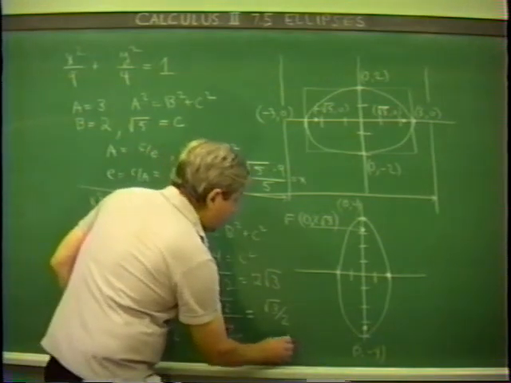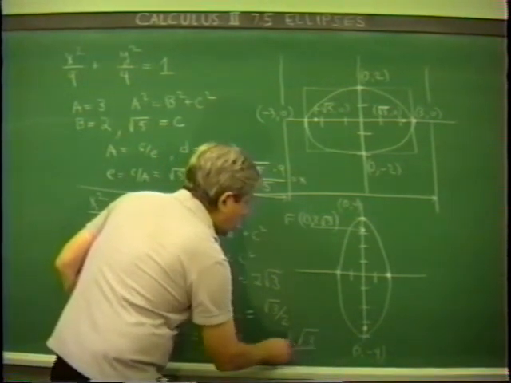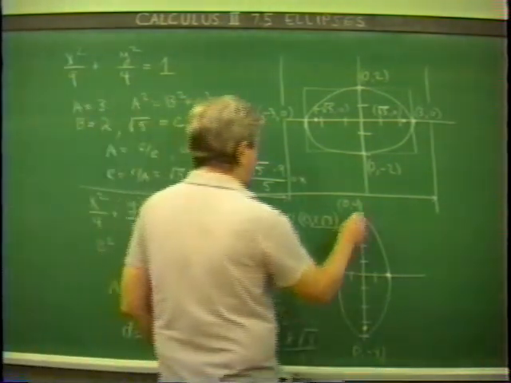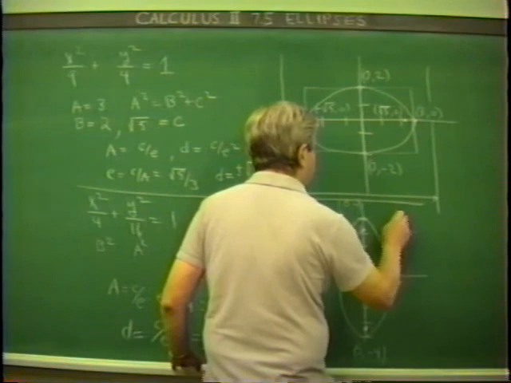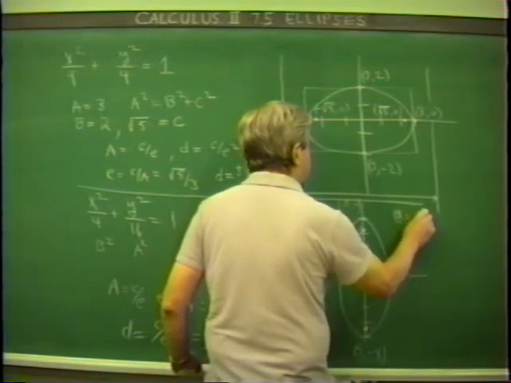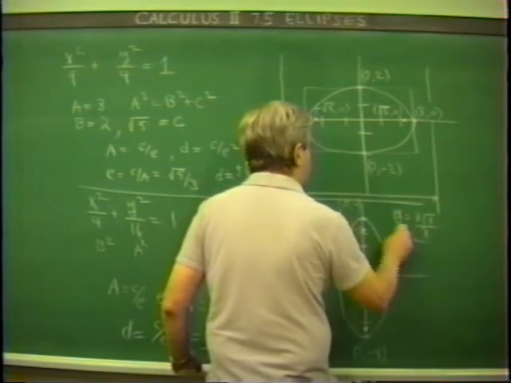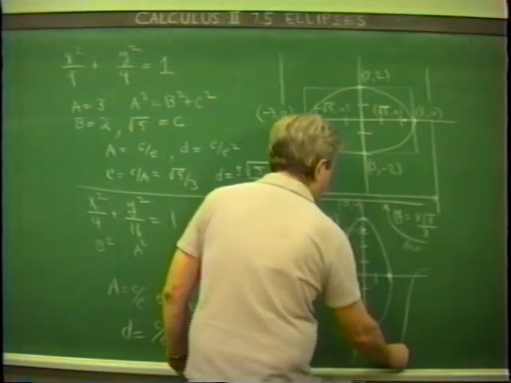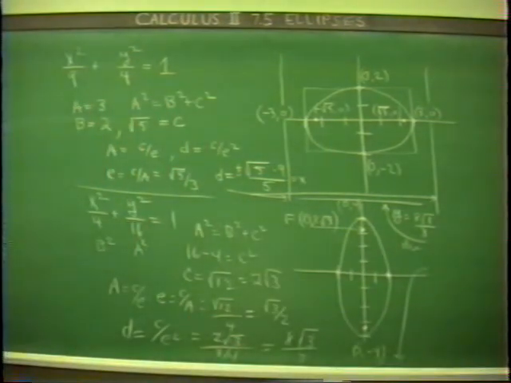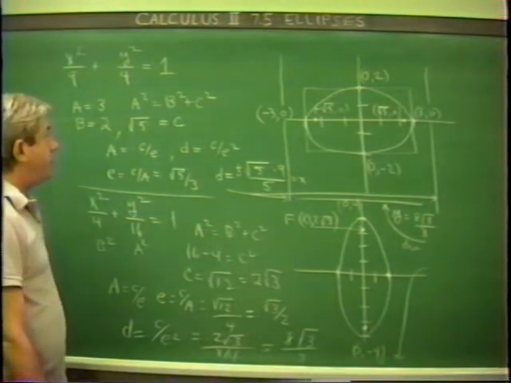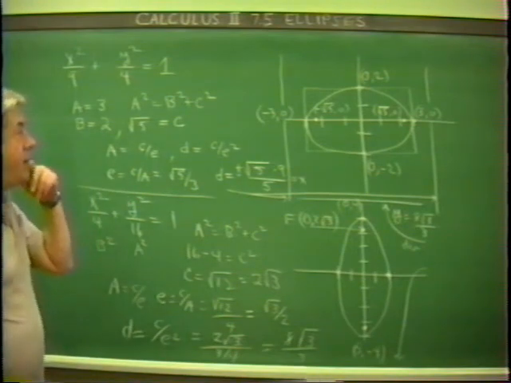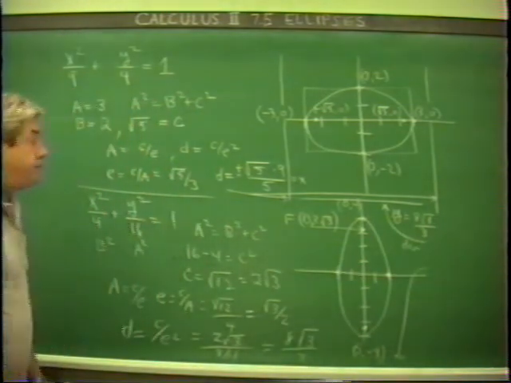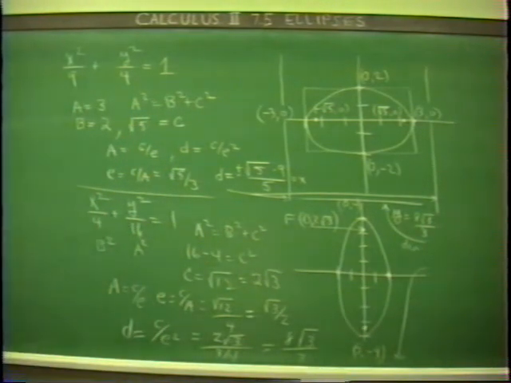That's to say this is at 8 square root 3 over 3. The directrix is up here at y equals 8 square root 3 over 3. Directrix. And there's another one below. So here are two examples then of ellipses which have their major axis, in this case the x-axis and in this case the y-axis.